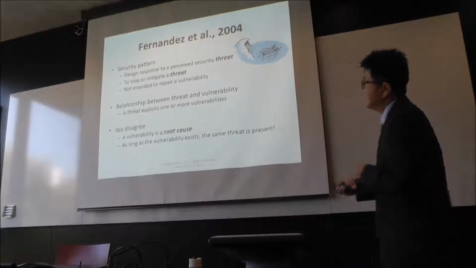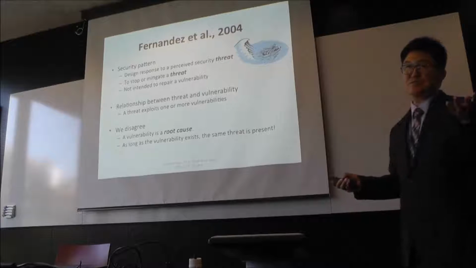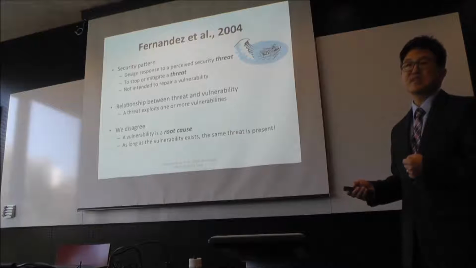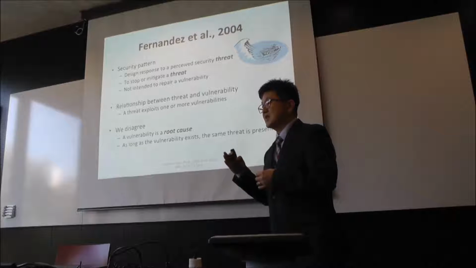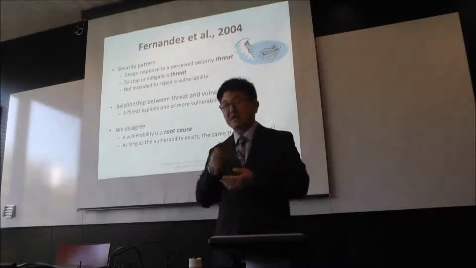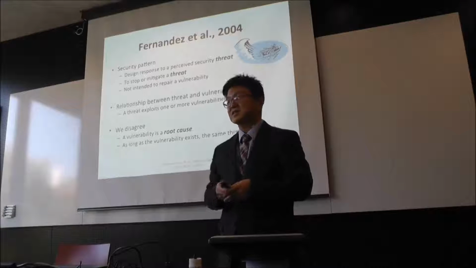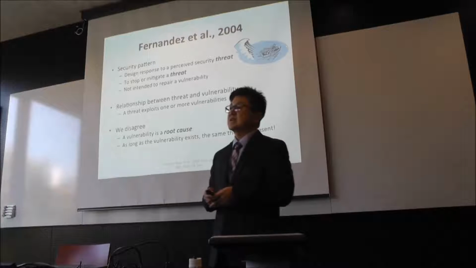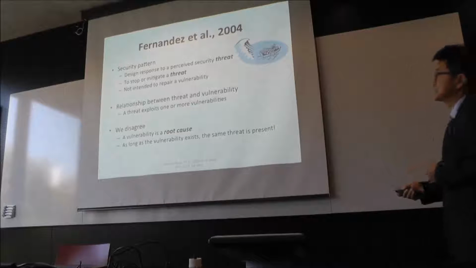So that's why we think we have to deal with the vulnerabilities rather than the threats, because vulnerabilities are more fundamental than the threats. That's one of the reasons why we categorize these security patterns according to the vulnerabilities rather than based on the threats. So that's really the main motivation.